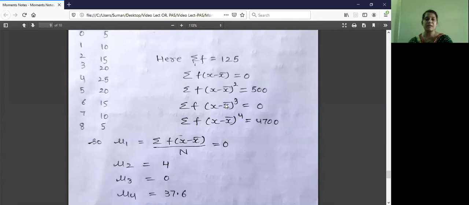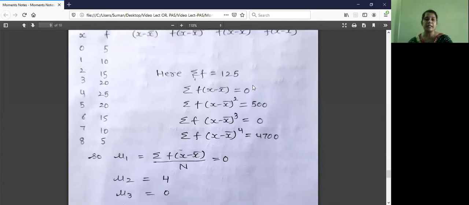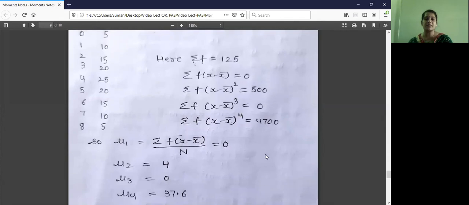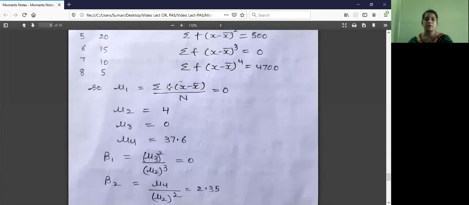Summation f(x minus x bar) cubed is 0, because according to the actual mean all odd terms are 0. And summation f(x minus x bar) raised to the power 4 is 4700. You try it and check that all the values are correct.